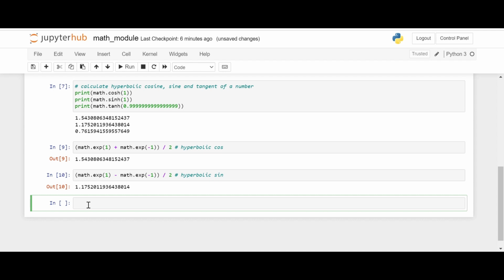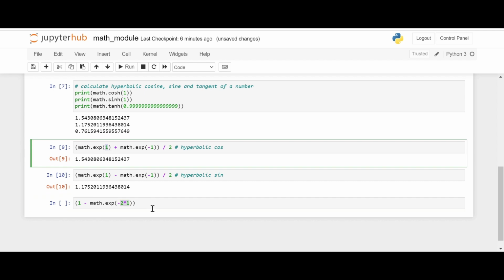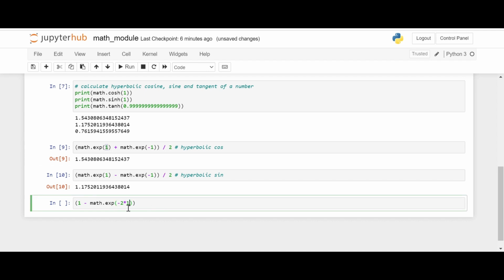And finally math.exp minus 2 into 1. So we can consider this 2x and we can consider this x. So 1 minus e to the power minus 2x divided by 1 plus e to the power 2x.